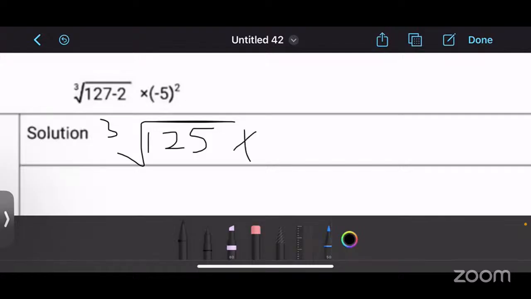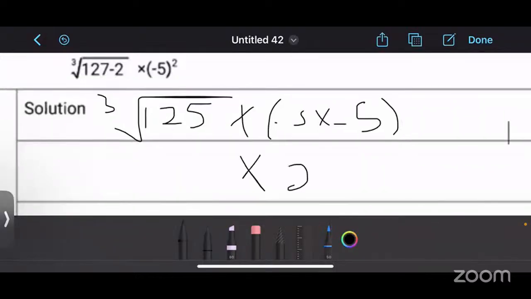In the bracket we get -5 times -5, which gives you positive 25. Mm-hmm.